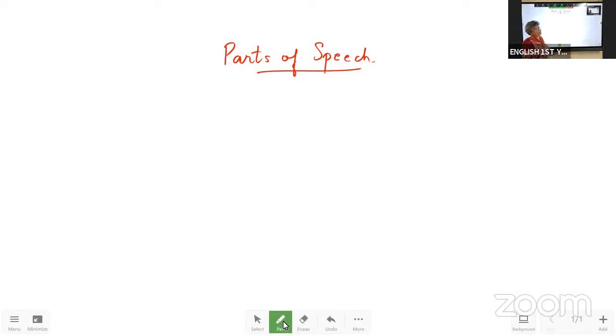But remember, there are two types of conjunctions, coordinating and subordinating. Coordinating connects two main clauses, and with subordinating, there is one main clause and one or two subordinating clauses. Now coming to the last one, interjection.